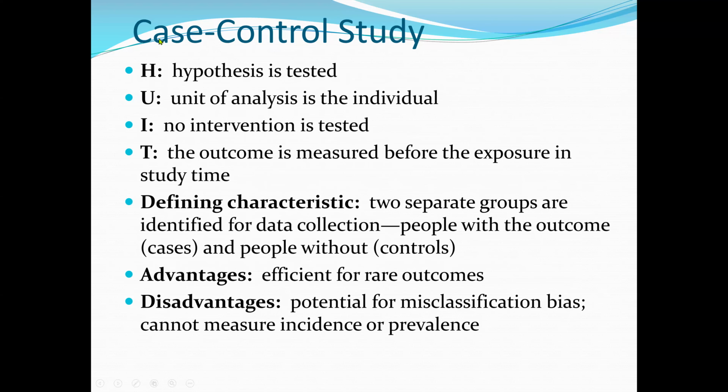We can compare the cases and controls to see the effect of the risk factors or the exposures. Cases and controls are identified from either clinical or general population sources. Clinical sources can be a hospital or clinic, medical practice, etc.